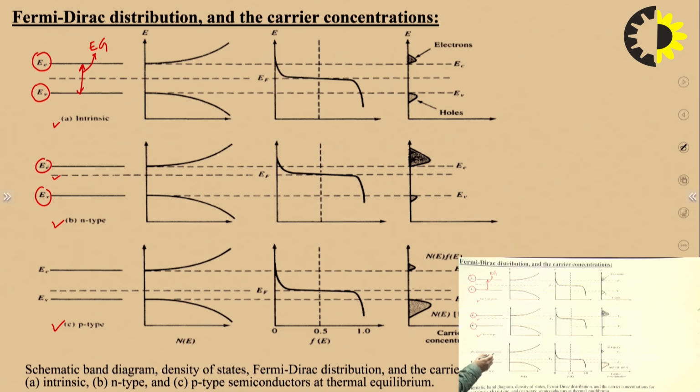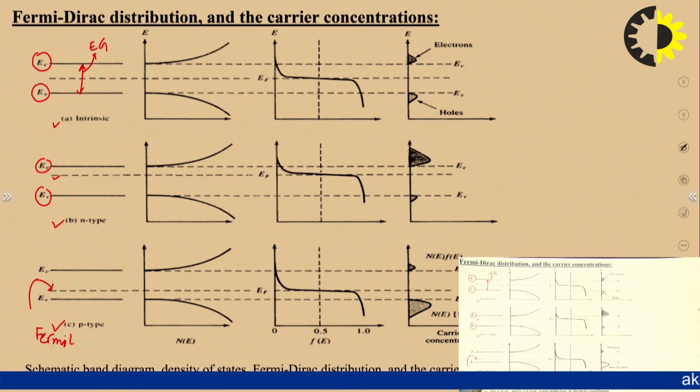You can look here: this is the valence band energy level, this is the conduction band energy level, and this is the Fermi level. So in N-type semiconductor, the Fermi level lies just below the conduction band, and in the P-type semiconductor, the Fermi level lies just above the valence band.